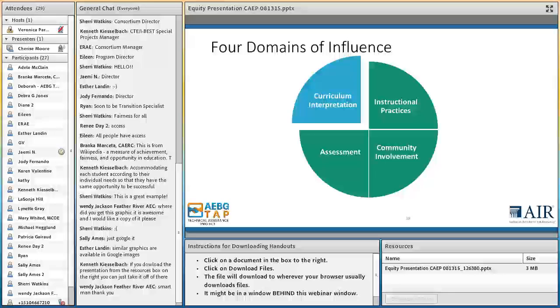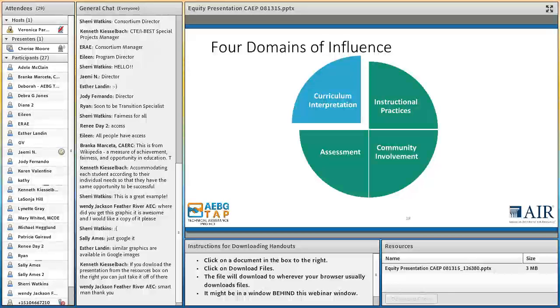And let me further clarify that. These are 4 domains of influence in education as administrators that we can look at to enhance equity within our educational institutions. Each one of these by themselves is critically important.